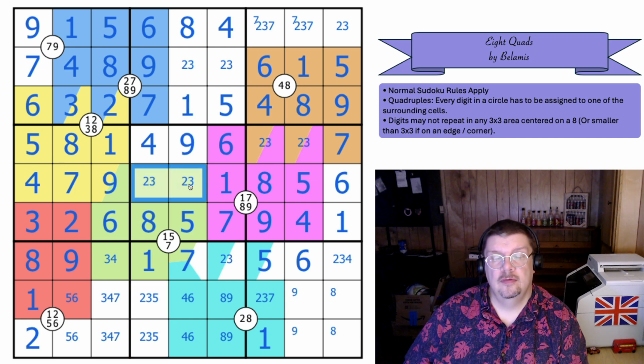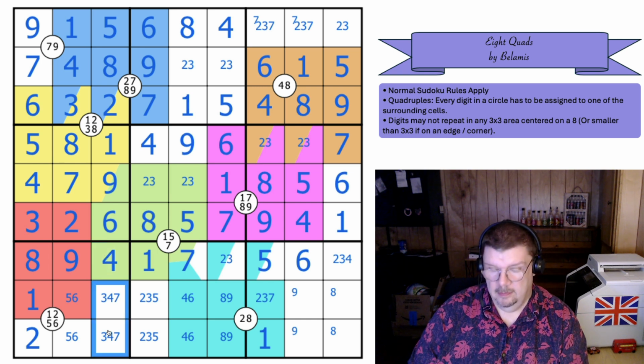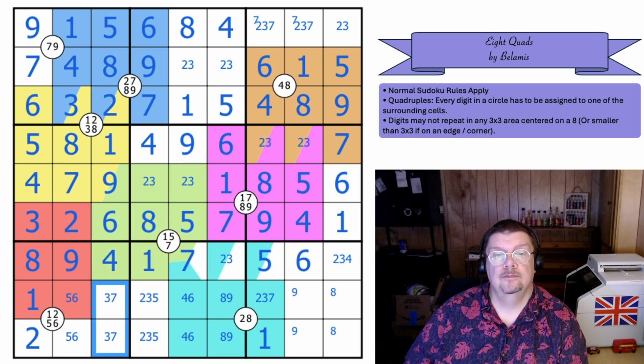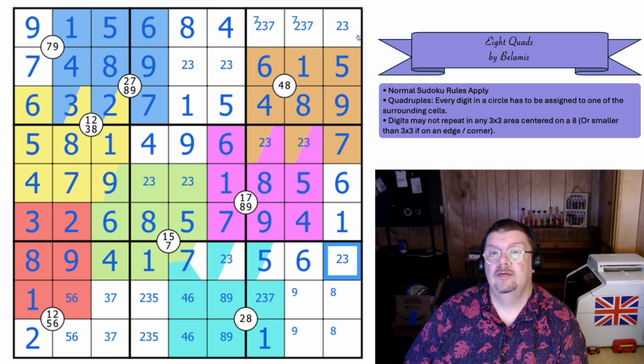Okay, that 2, 3 is in green, so that can't be a 3, that's a 4. That is not 4. That's 2, 3. That makes this an 8, 4 pair.